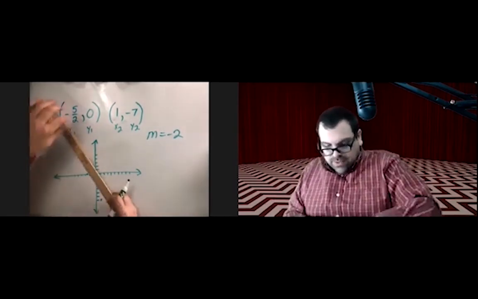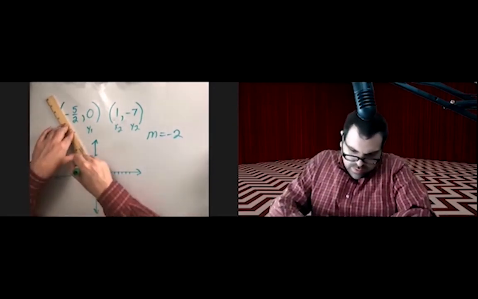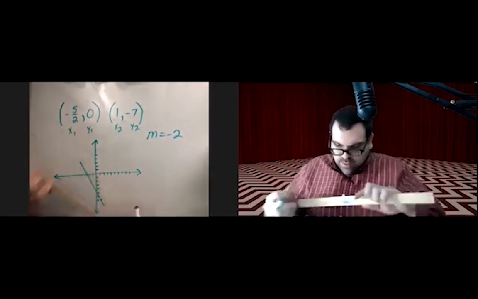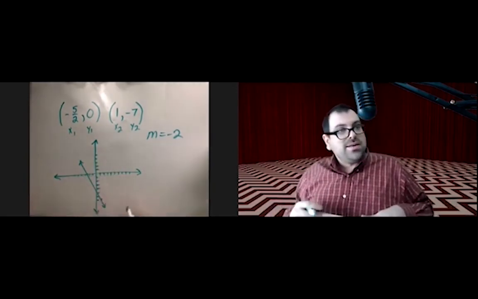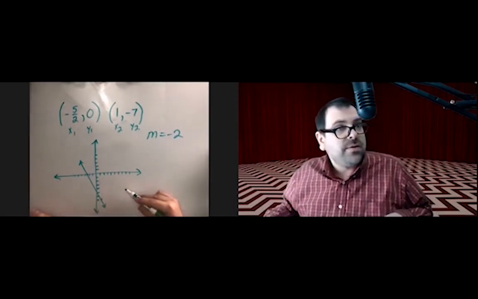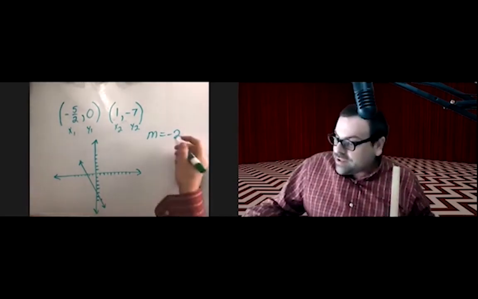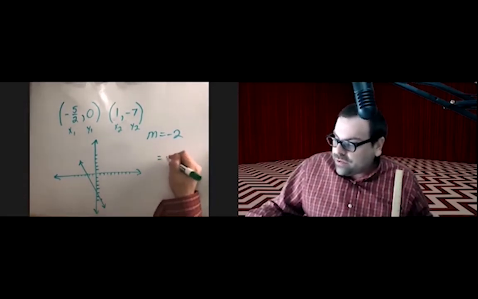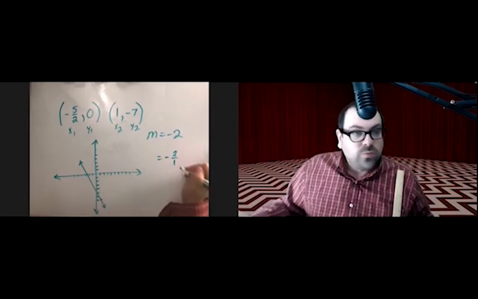So this line looks like that. Negative slope falls from left to right. And actually, it falls a slope of -2. That's -2 over 1.